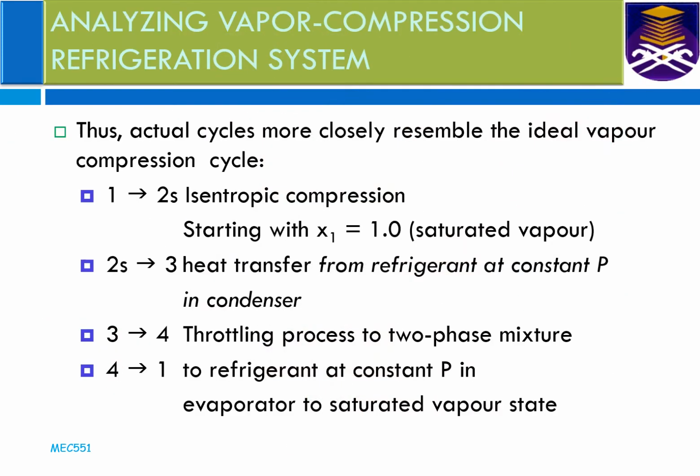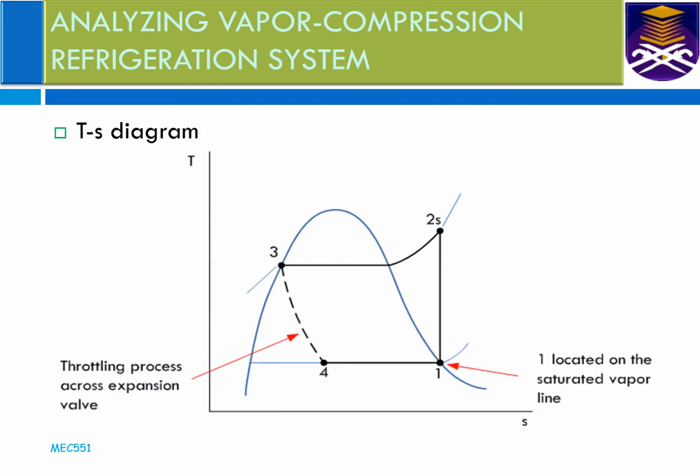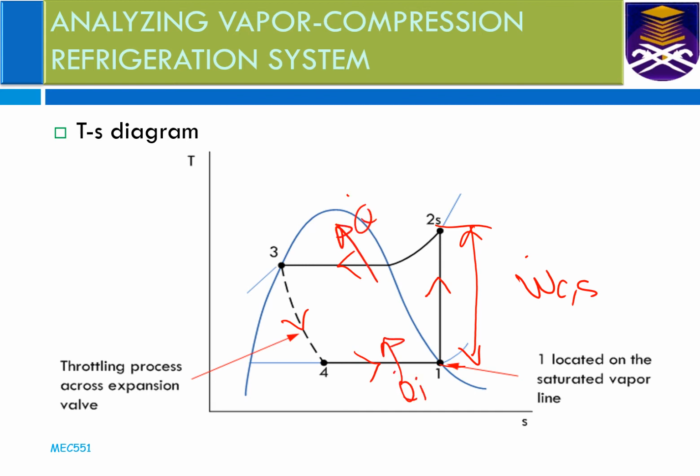Alright, so these are all the processes. Then this is the temperature entropy diagram. This is our input, isentropic, W dot C isentropic, and this is the Q in, this is the Q out.